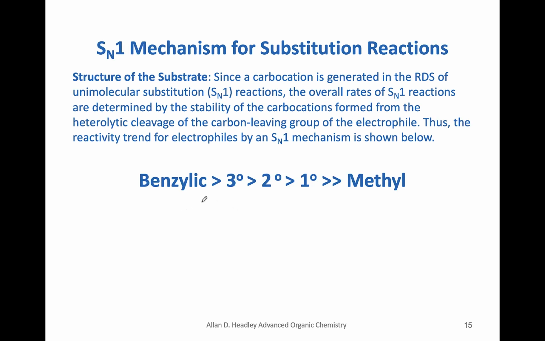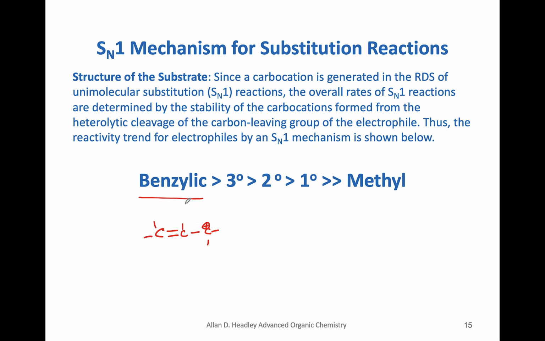So in summary, we have here the benzylic is more stable, and about equal in stability to the allylic. Of course, you will recall that the allylic is the carbon-carbon double bond, and here is our positive charge. So we have bonds here on that. So that's the allylic.